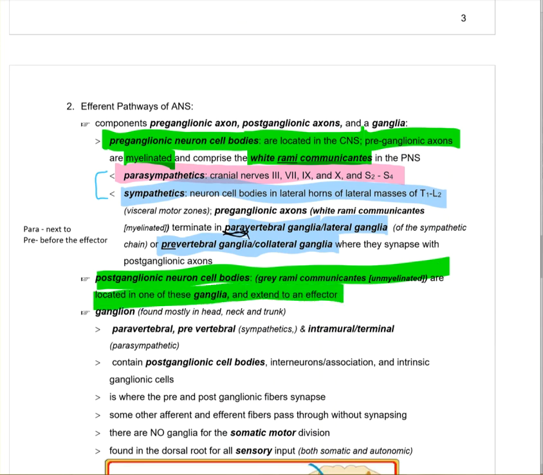Now these are unmyelinated. They're gray rami communicantes. All right? So we have the white rami communicantes and the gray rami communicantes. We have myelinated ones coming into the ganglia. We have unmyelinated ones leaving the ganglia.